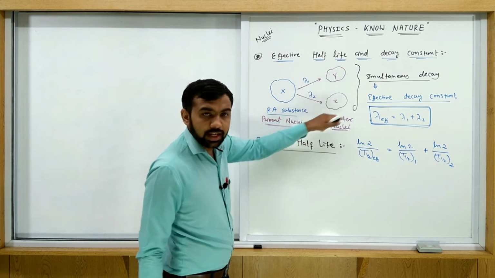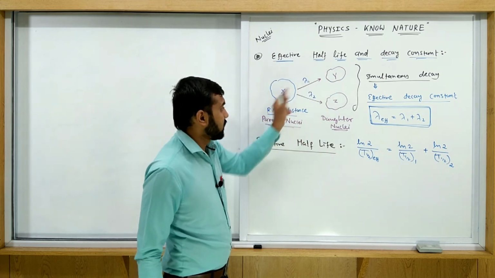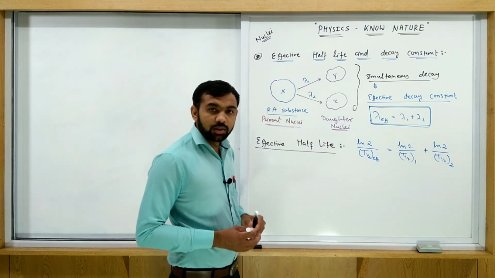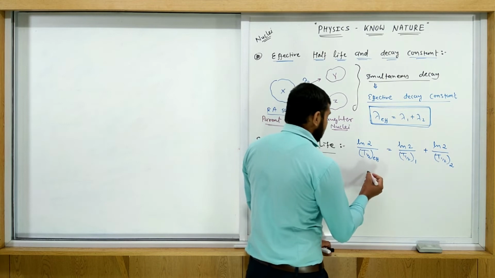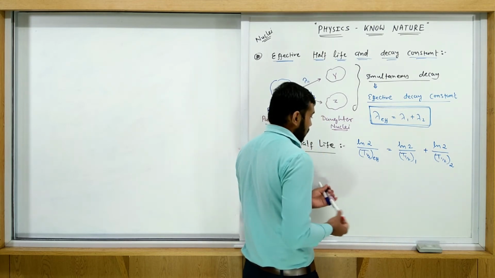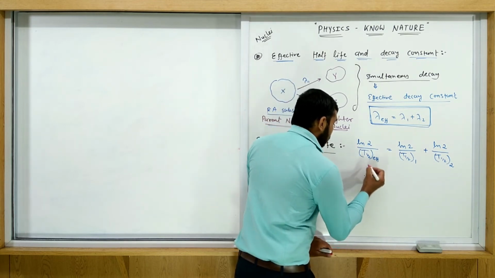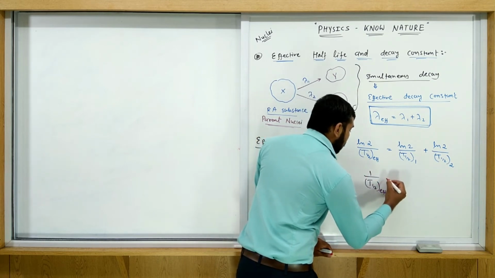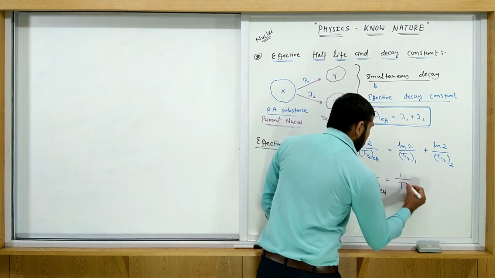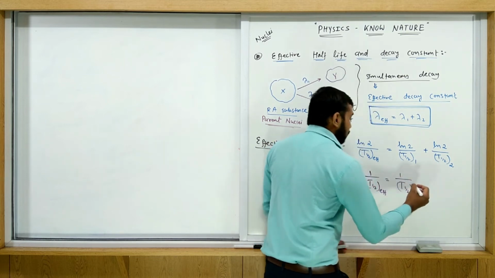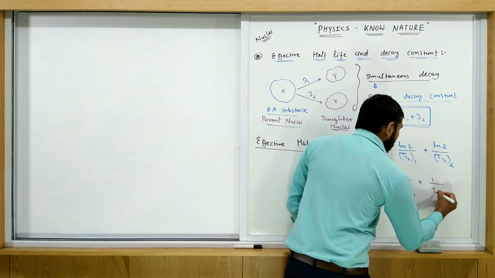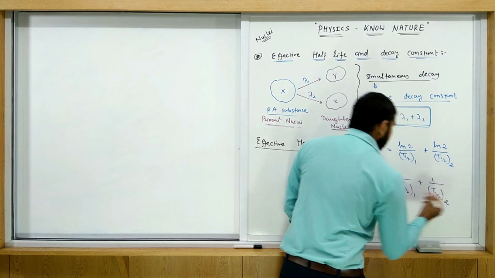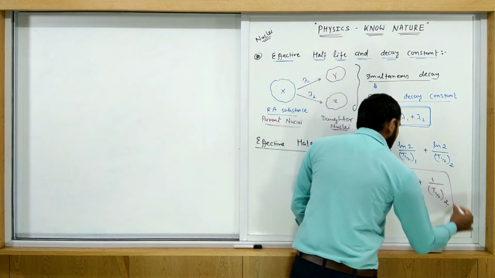The second substance is z. So the half-life of x to y and the half-life of x to z are T1 half 1 and T1 half 2. ln2 is cancelled out on both sides. So finally we get this answer: 1 upon T1 half effective is equal to 1 upon T1 half 1 plus 1 upon T1 half 2. So this is the effective half-life.